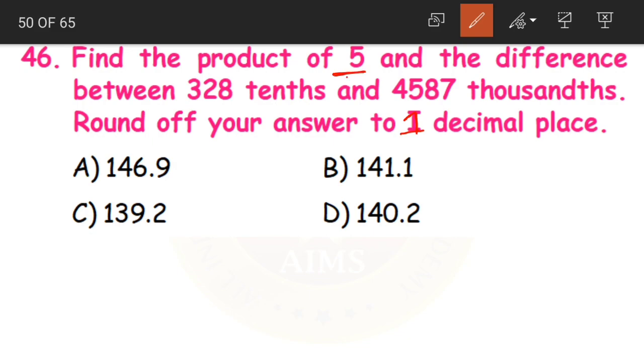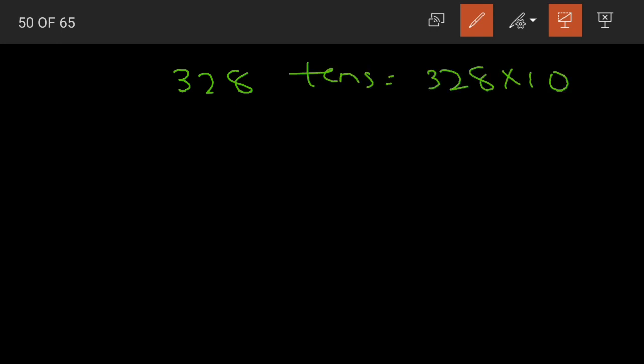We have to find out the product of 5 and also the difference of these two. So first let us find out the difference. We are having 328 tenths. If we say 328 tenths, what will we do? 328 into 10. In the same way here we are having 328 tenths.